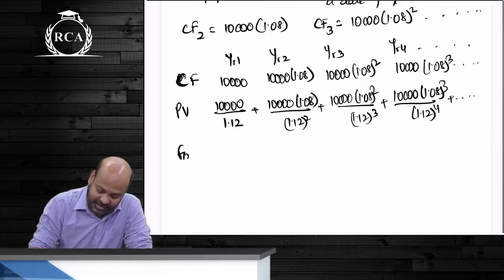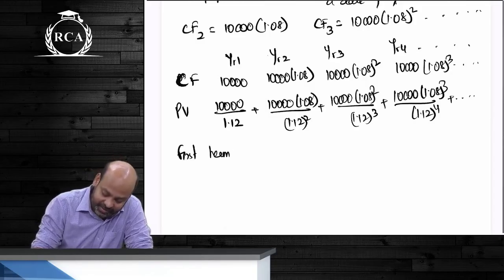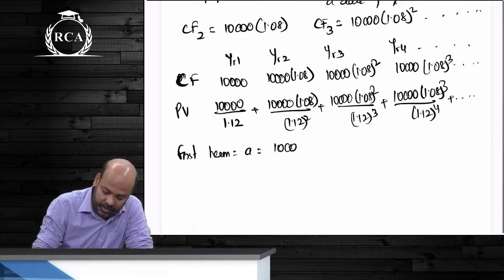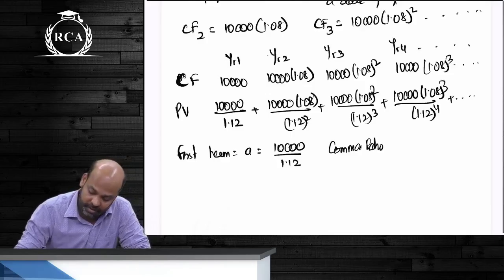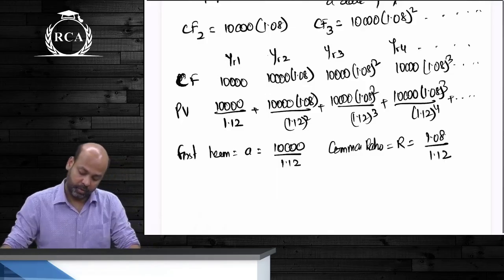Again, guys, the first term as such beta is 10,000 divided by 1.12. Common ratio R will be 1.08 by 1.12.